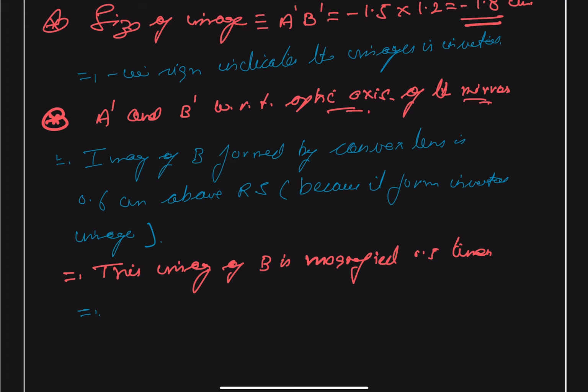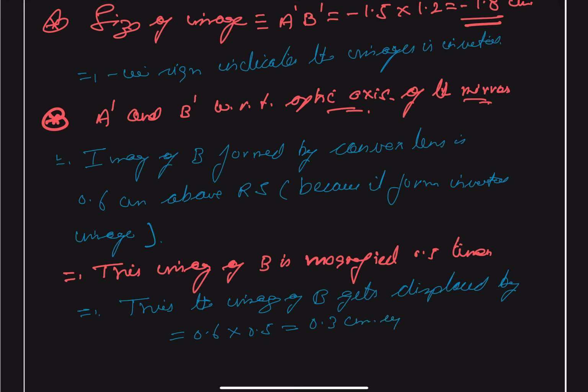So we can say thus the image of B gets displaced by, and we can just calculate it, 0.6 multiplied by 0.5. This gives us 0.3 centimeter up from RS.